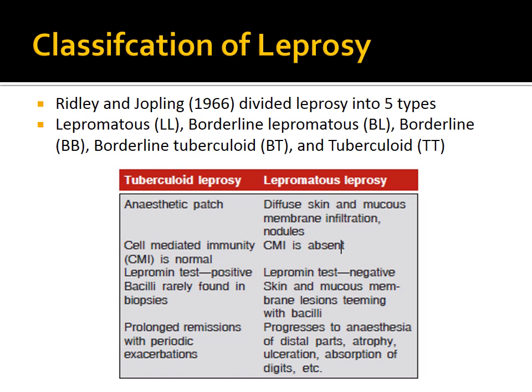So there are mainly 2 poles of leprosy as per this classification. One is the lepromatous pole and one is the tuberculoid pole. There is a chart given below to differentiate between tuberculoid and lepromatous leprosy. Basically, lepromatous leprosy means highly infectious patients which have a high bacillary load.